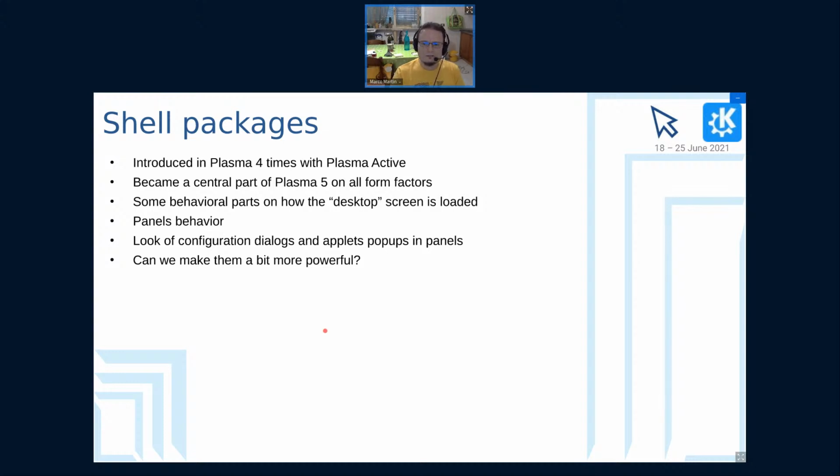They were born very late in the KDE4 life cycle for Plasma Active, where we needed to have a Plasma shell much more mobile optimized, and the main desktop shell had a lot of QWidget based UI for those kinds of things.